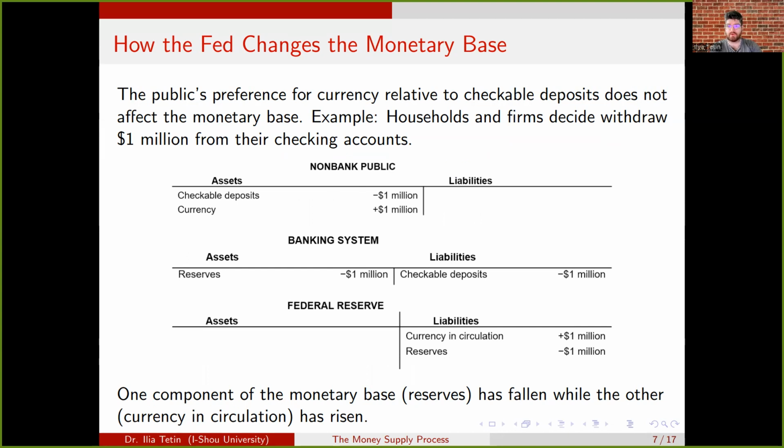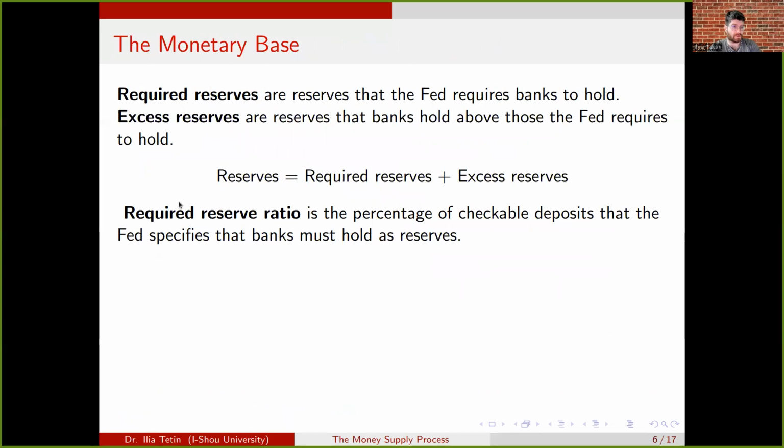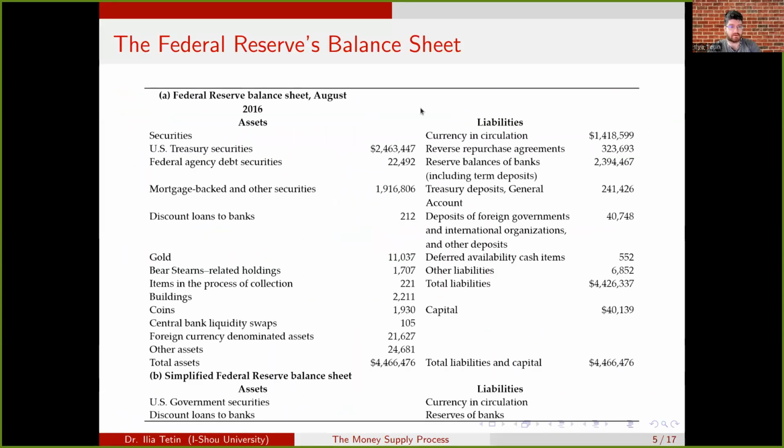This is really important. This comprises the sequence of events of how we change the reserves in one asset, and this is the liability of the Federal Reserve, and so on, how this interacts. Just look through the slides. Hopefully everything was pretty clear.